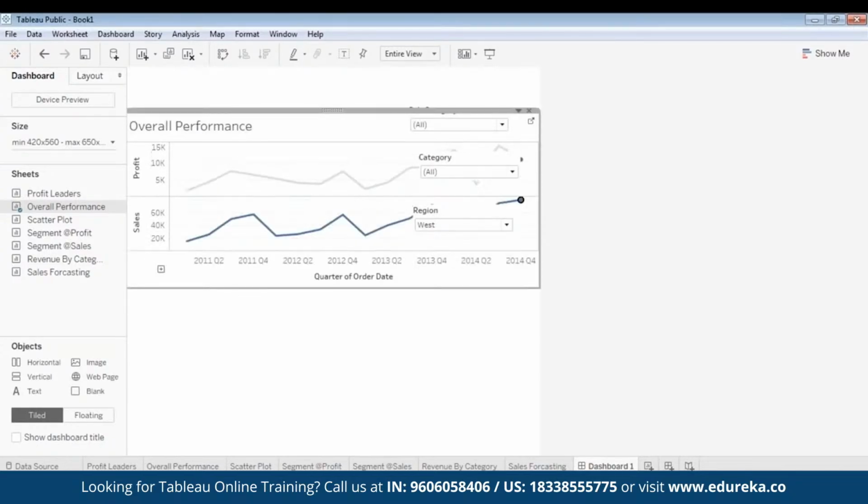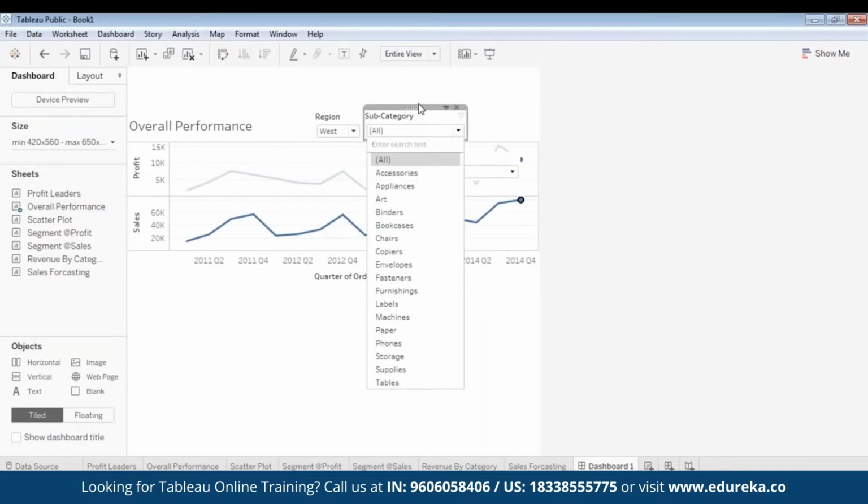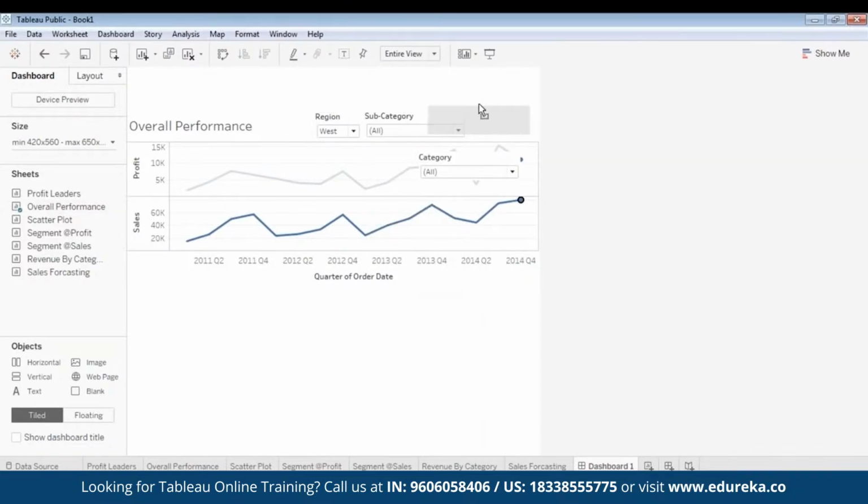I can put it a little bit down also, right? The first thing should be region. Let me just make it a little small. Second thing, my second will be category. Third, subcategory.